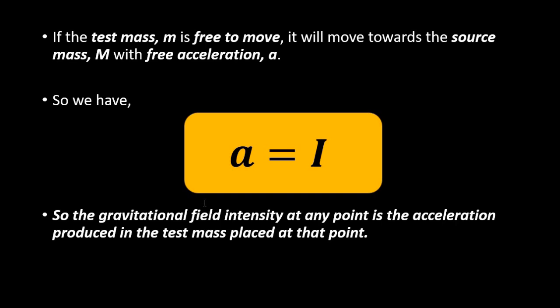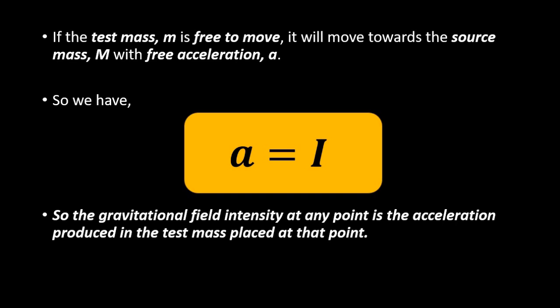Okay, so when we say that the gravitational field at this point is numerically this much, it also means that the acceleration produced in that object at that point is also this much. So let's say we have x Newton per kg gravitational field intensity at a certain point.